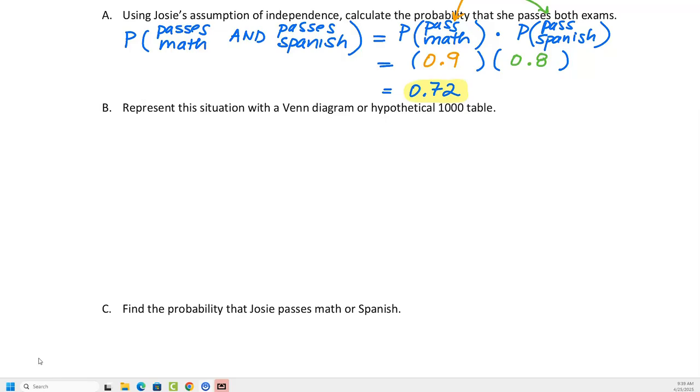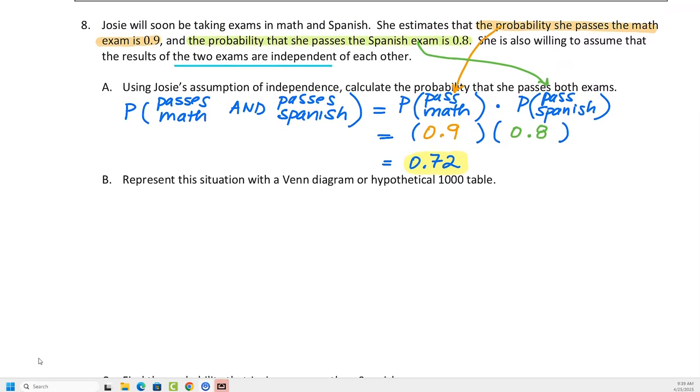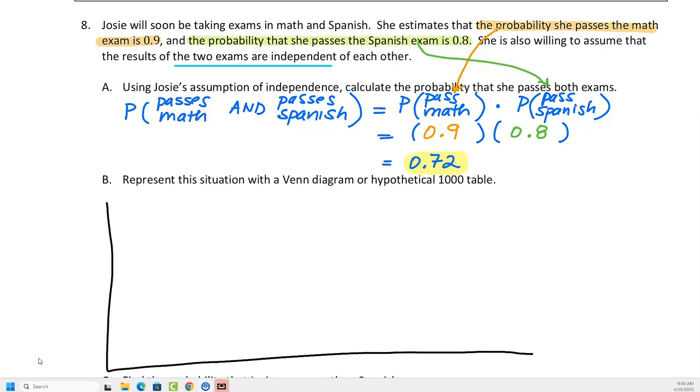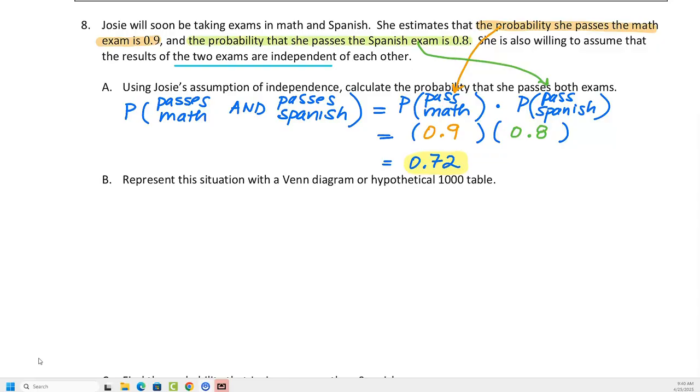It says represent the situation with a Venn diagram or a hypothetical two-way table. I like hypothetical 1000 tables, so I'm going to do that here.